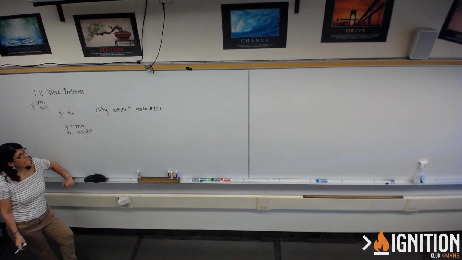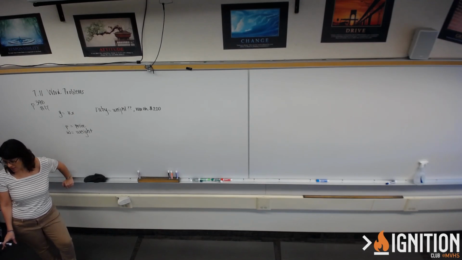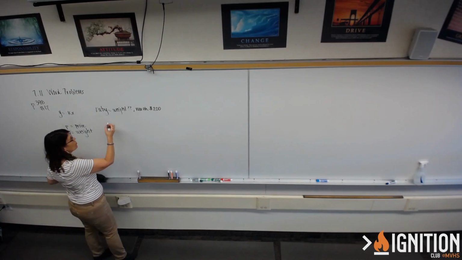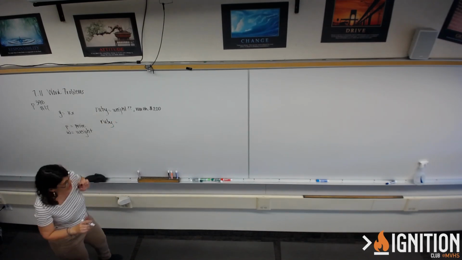Okay, that's the beginning. I have that correct, I believe? Yes. Okay, so now I want to know the worth of the ruby, which, how much more does it weigh? It weighs 10 times as much.